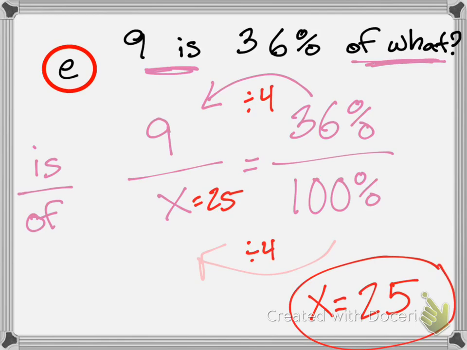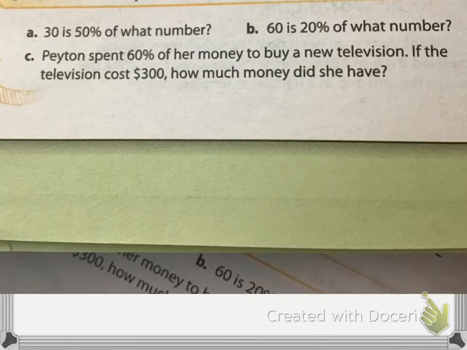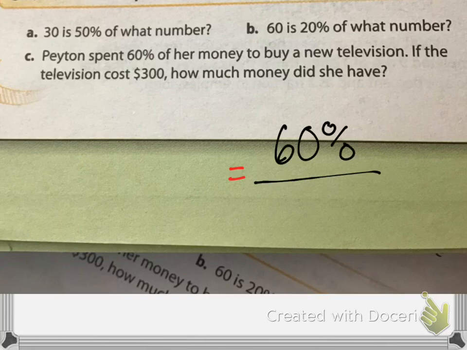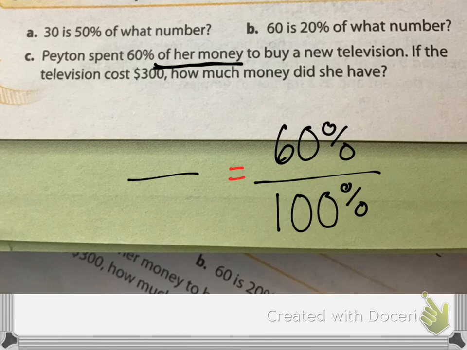Peyton spent 60%. So, we know that's 60% over 100%. That's always on our percent side. Percents over percents, numbers over numbers. And then it says, of her money. Do we know how much money she has? No. We don't know how much money she has.